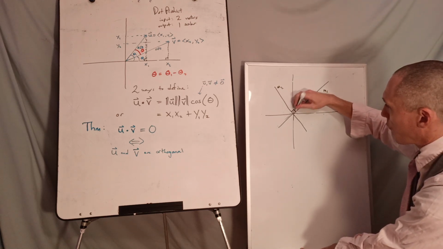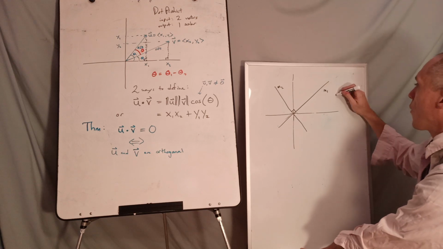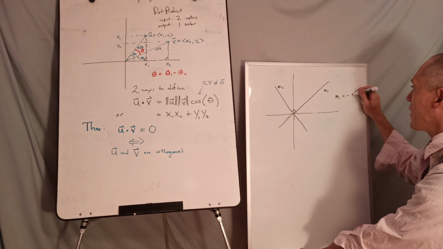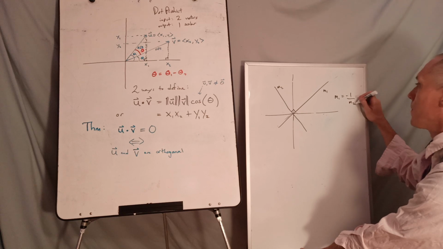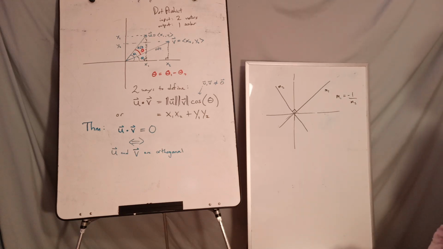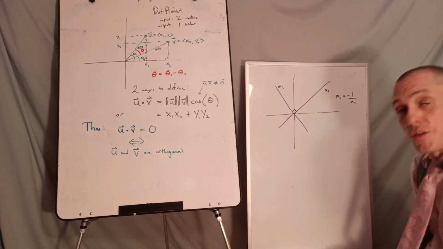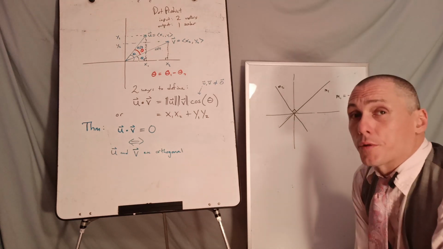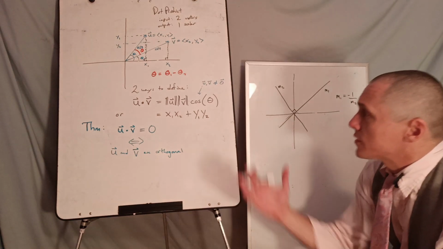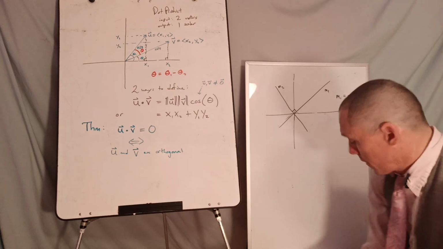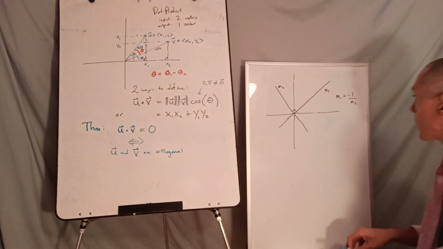Then if they were at right angles to one another, you knew that one was equal to the negative reciprocal of the other. So perhaps something about negative reciprocals is going to come up and show us that we actually get a zero dot product. And in fact, that is exactly the case.